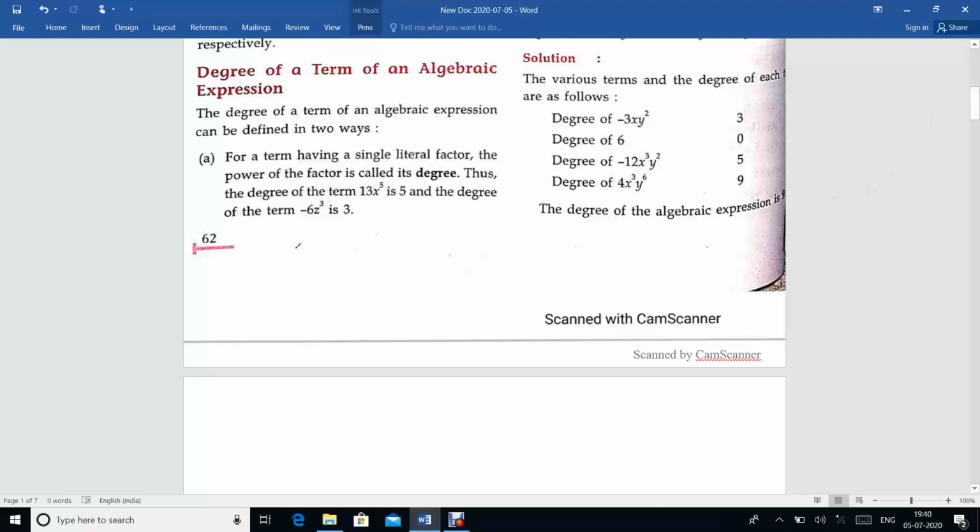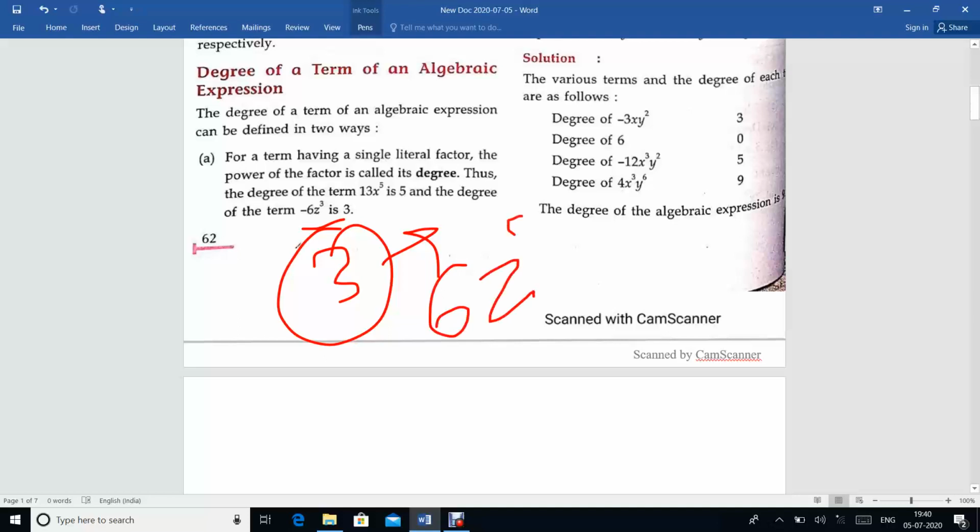Here you can see that z is the variable and the power of z is 3. So 3 will be the degree of this term, means 3 will be the degree of the term minus 6z cube.